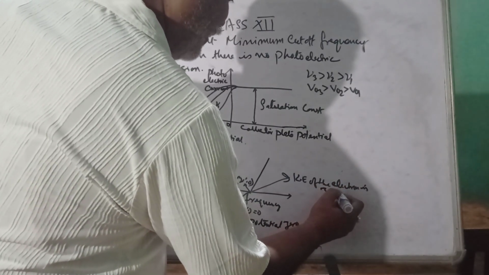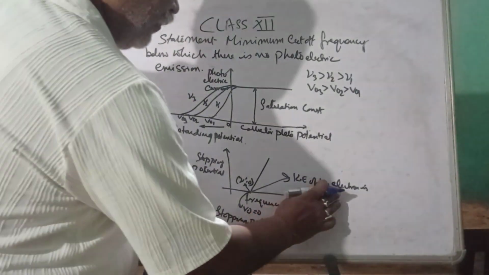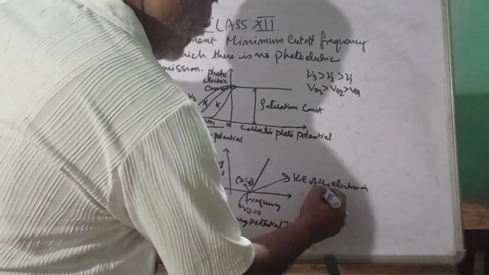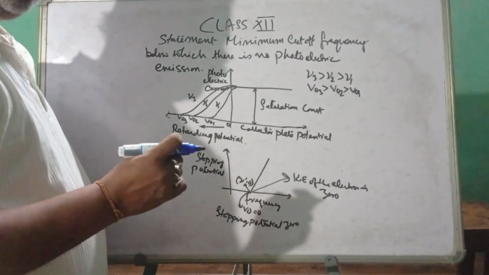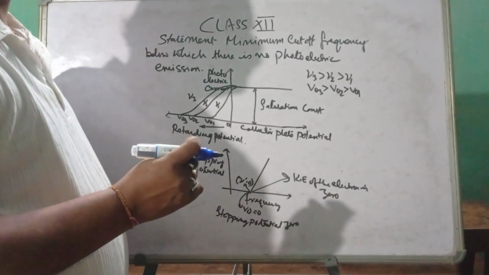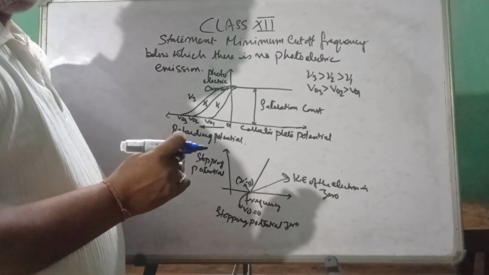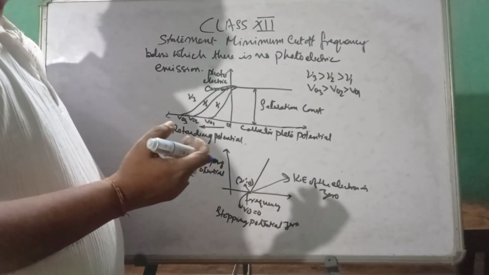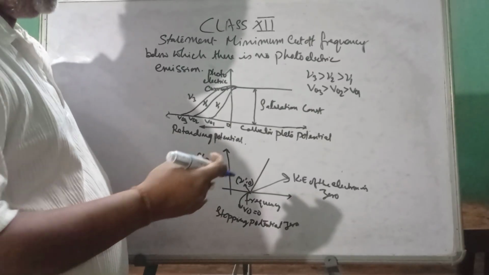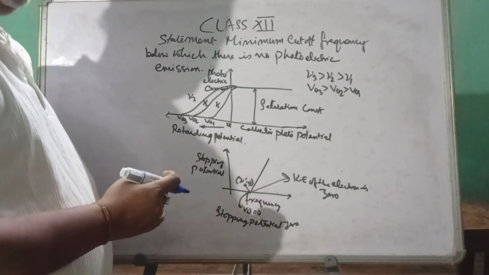What does this mean? This is 0. So what does this mean? This means that the electron will just move out of the metal, just move. So your velocity is 0. So your kinetic energy is 0. It will just move out of the plate.